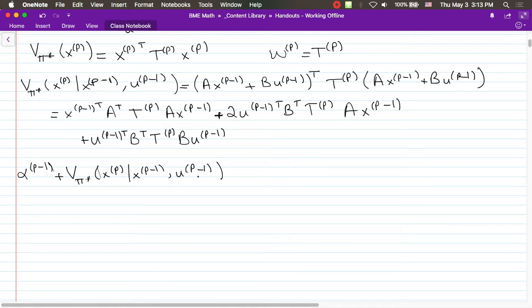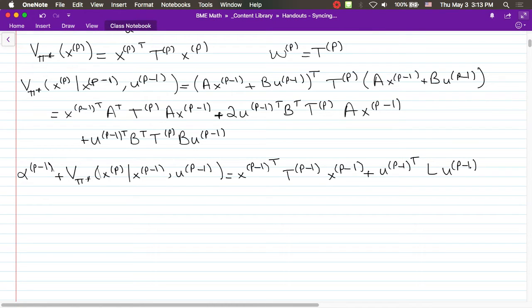Okay, so sum of these guys. We're going to have to minimize this sum with respect to u. Well, that's going to be equal to x of p minus 1 transpose T of p minus 1 x of p minus 1 plus u of p minus 1 transpose L u of p minus 1. That's my cost per step plus this term here.